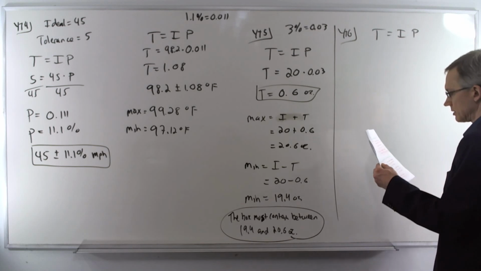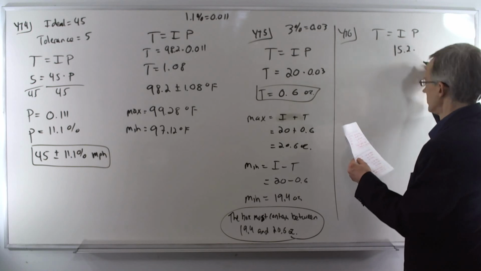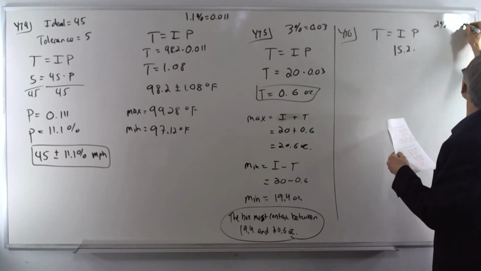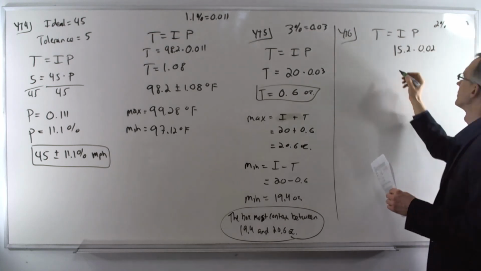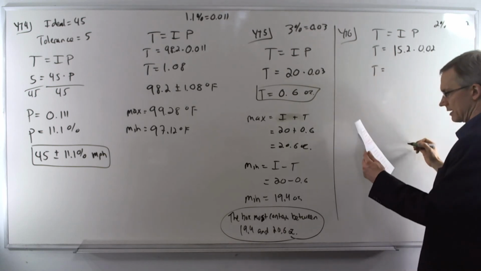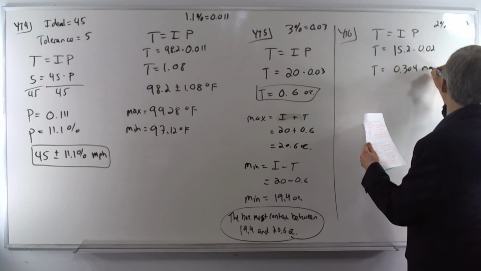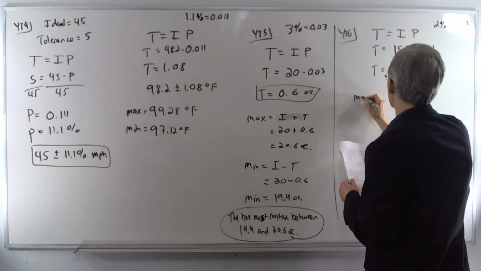So the ideal dosage is 15.2 milligrams, so 15.2, and 2% is 0.02. So multiply by 0.02 to get the tolerance. And the tolerance then is 0.304 milligrams.